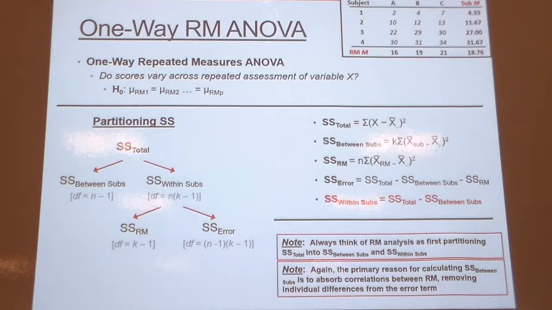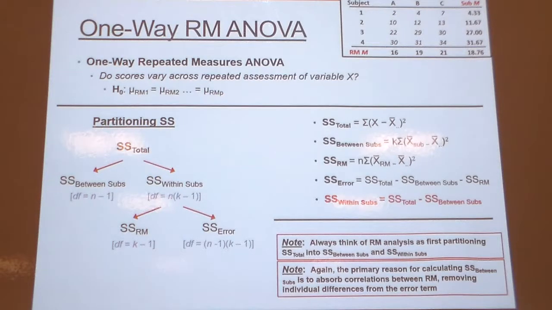So if we take 2 minus this, 4 minus this, 7 minus this, 10 minus this, 12 minus this, square up those, and sum up those squared deviations, this is going to give us the total variability in this set of data, right? So this is the total piece of pie we're working with.